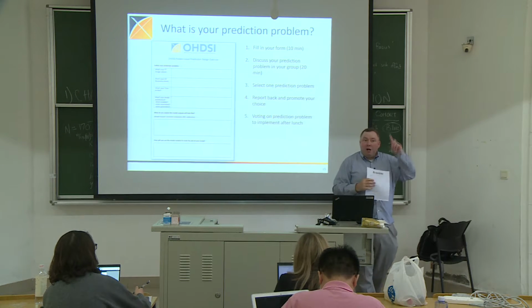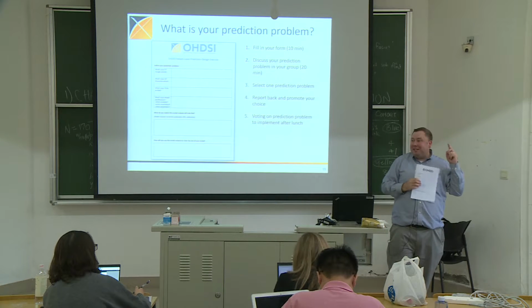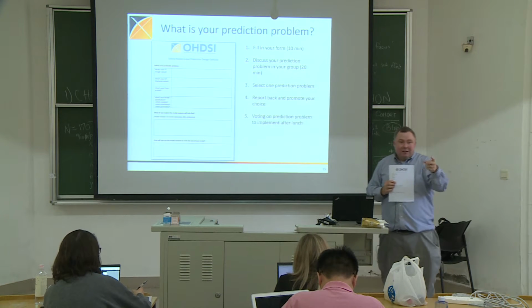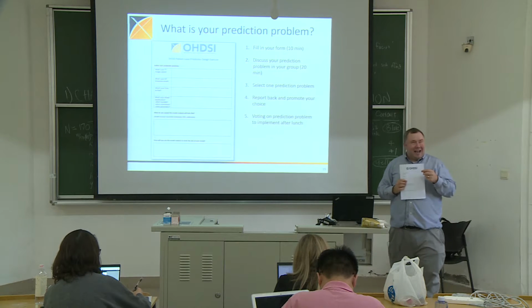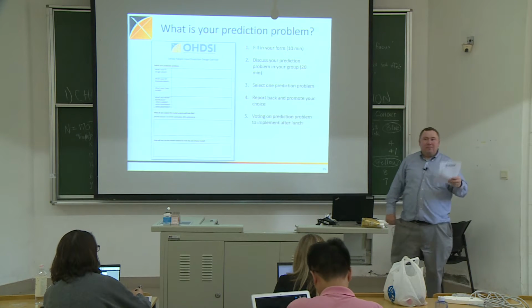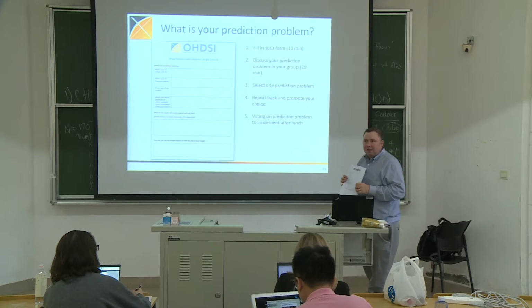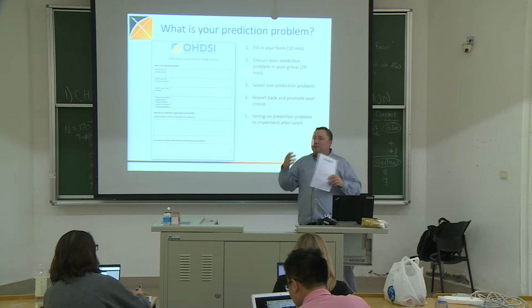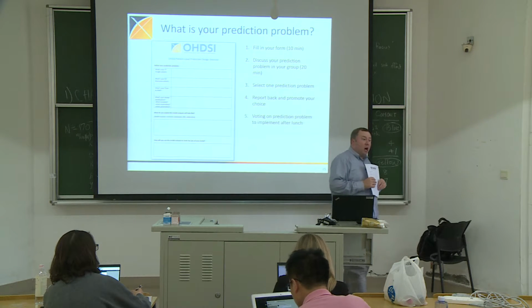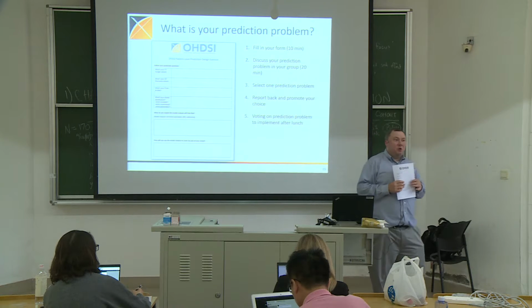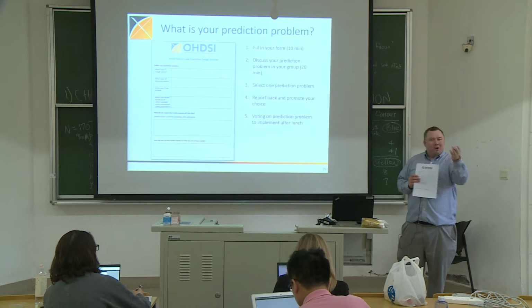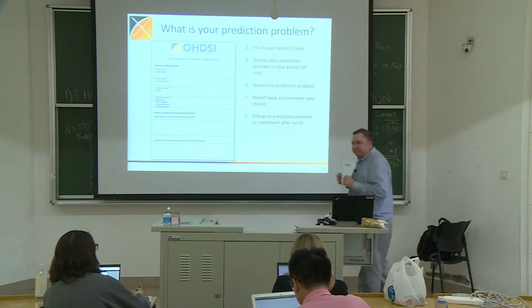We already know one prediction problem that we're going to be doing together, which is predicting lymph node metastasis in patients with endometrial cancer. But what I want to learn from everybody else is what other prediction questions you think might be as important or more important than that one.